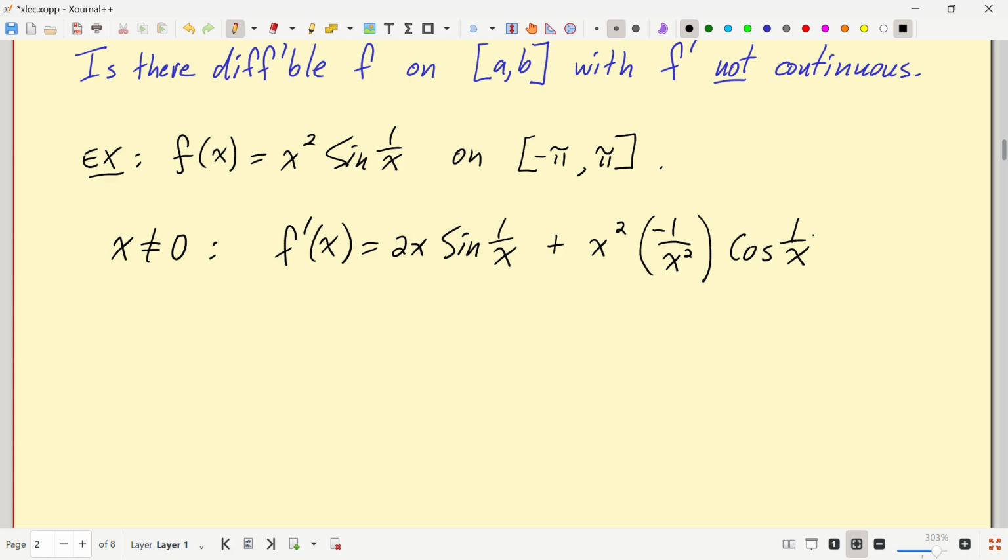Okay, that is highly discontinuous. So this first term is continuous, even at x equals 0, but this one has a very nasty discontinuity.